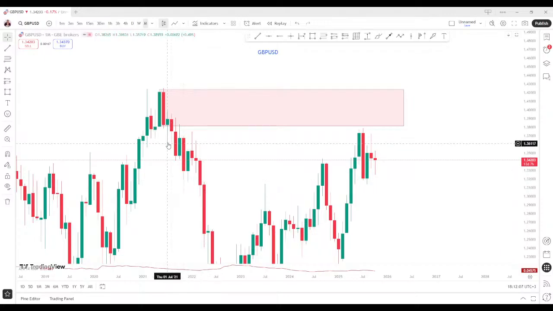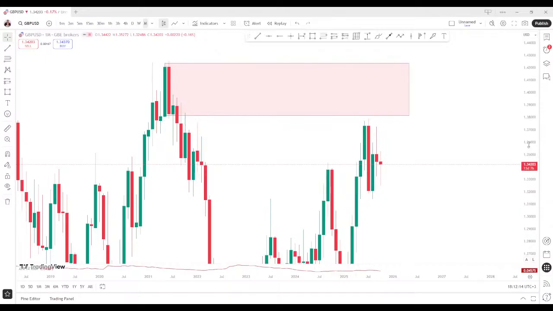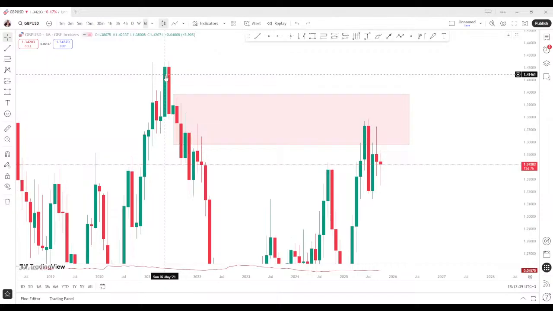Now if you can look at this, it mitigated this order block. So there is no way we expect the market to come to this order block unless it wants to change character. So money left from this order block to this order block here. So money is no longer on this order block, money is now on this order block.